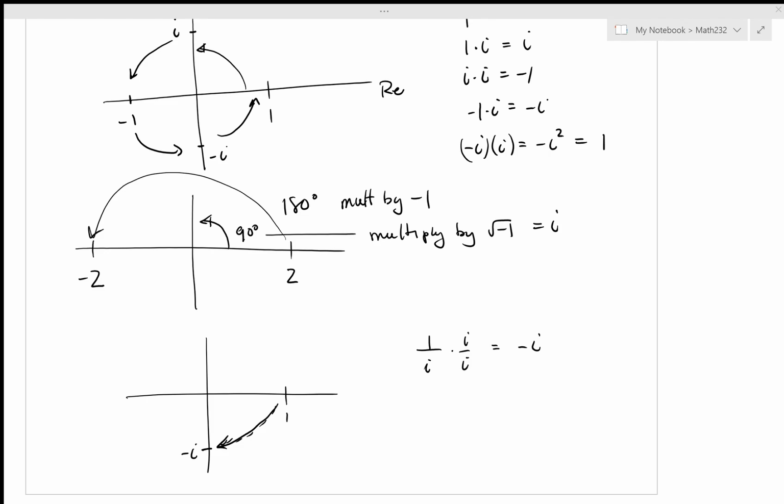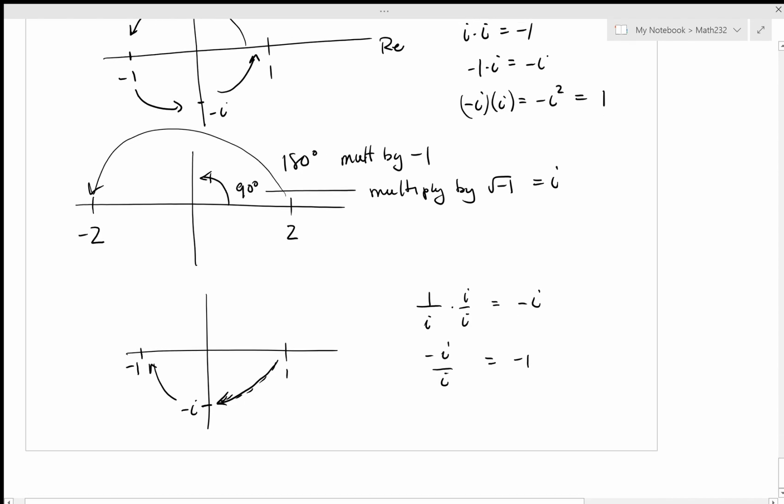Then let us take minus i and divide by i. That gives us minus 1. So I'm here, at minus 1. Then I take minus 1 and divide by i. To do that one, I multiply top and bottom by i, and I get minus i over i squared, which is positive i.